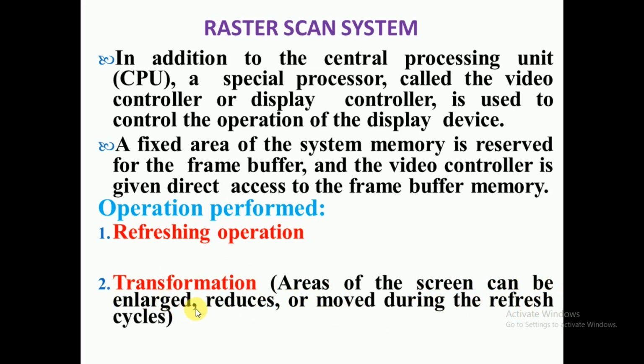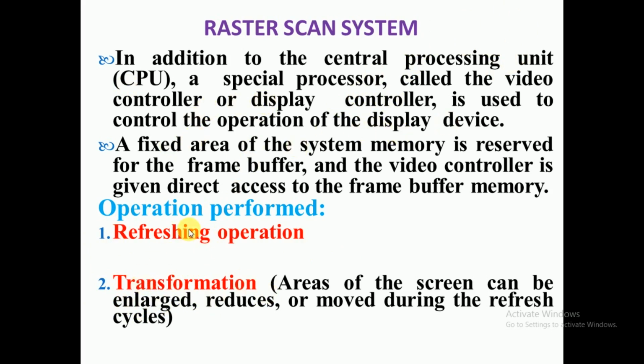Normally, if something is displayed on your monitor, the user may take the mouse and drag and drop it. Suppose you have displayed a square somewhere here, then you hold that square and drag and drop it somewhere else. Then the process has to redraw it in a different place. That's why there is a transformation. The display controller has to do this, right?